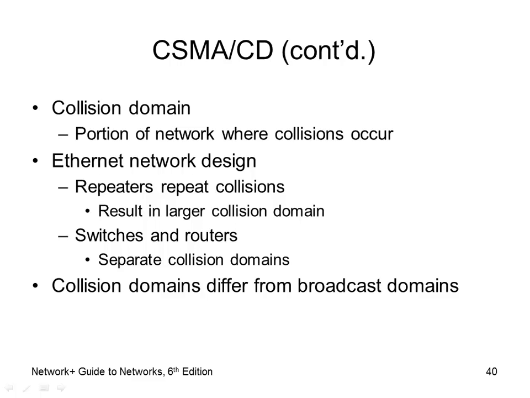So what happens is, with a hub, you've got, say, 3 computers, and over here I'll do a switch, and I'll put 3 computers. In a hub, this is all one collision domain.